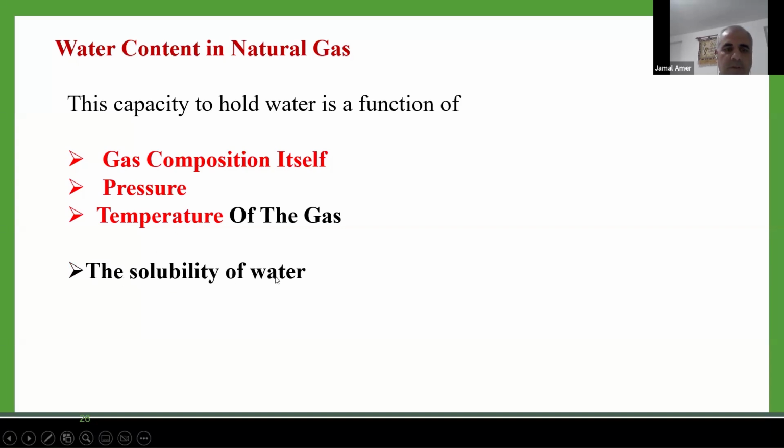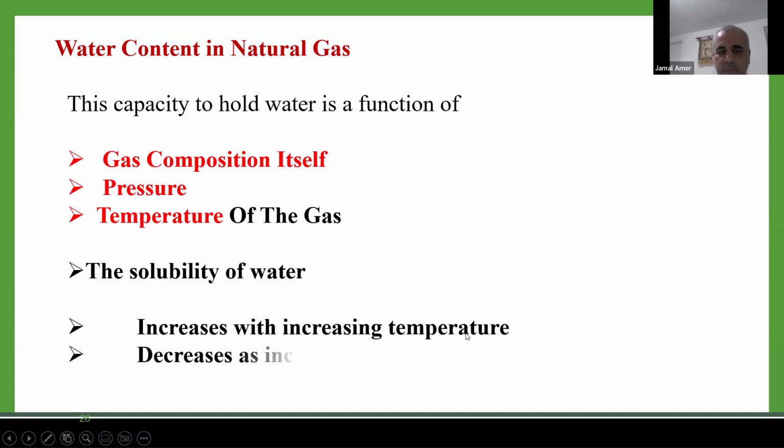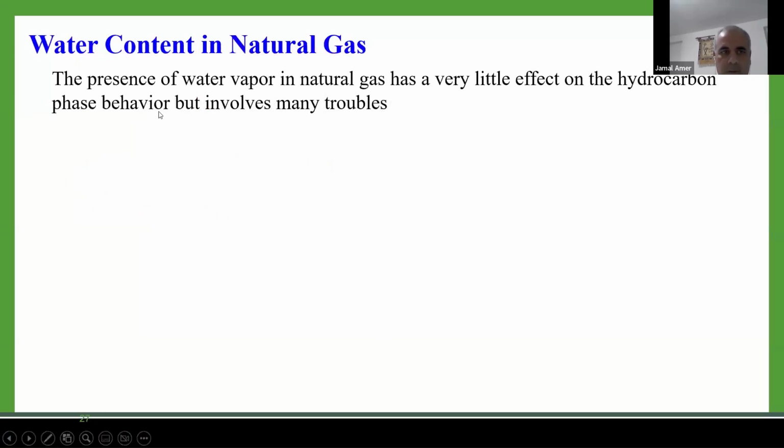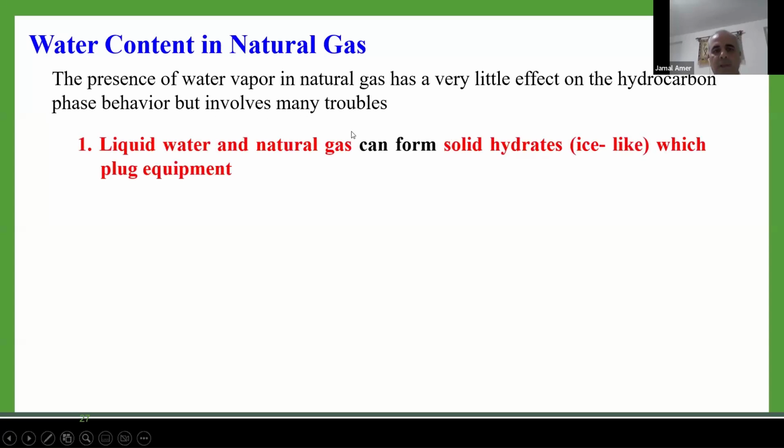The solubility of water in the gas increases by increasing temperature and decreases by increasing pressure. In water-containing natural gas, the presence of water vapor has very little effect on the hydrocarbon phase behavior, but involves many problems. What are these problems? We'll see.